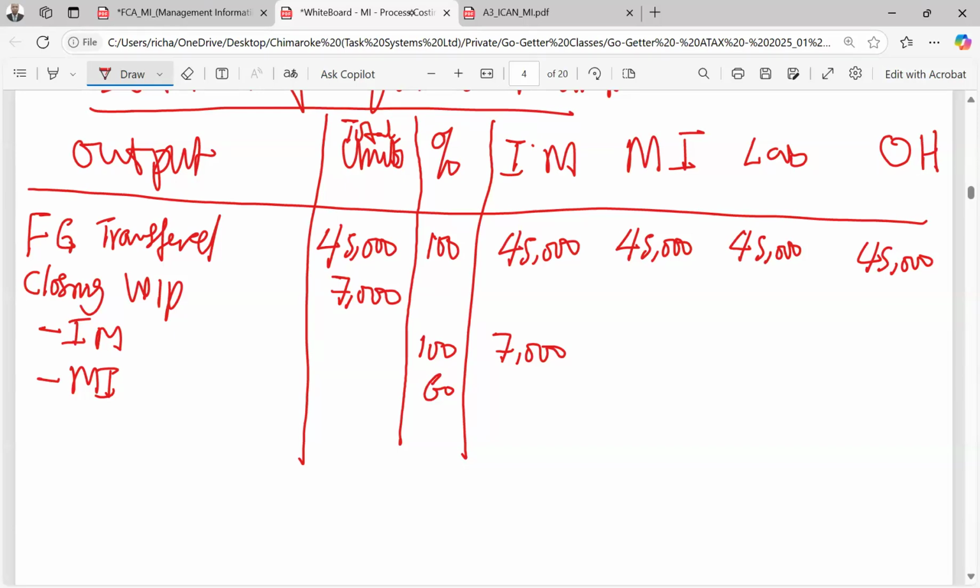We did that when we did FIFO. For labor, we were told it's 50%. 7,000 times 50% is 3,500.